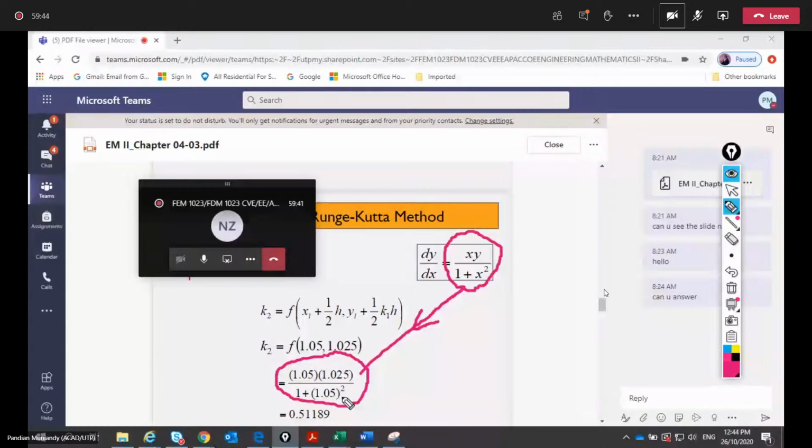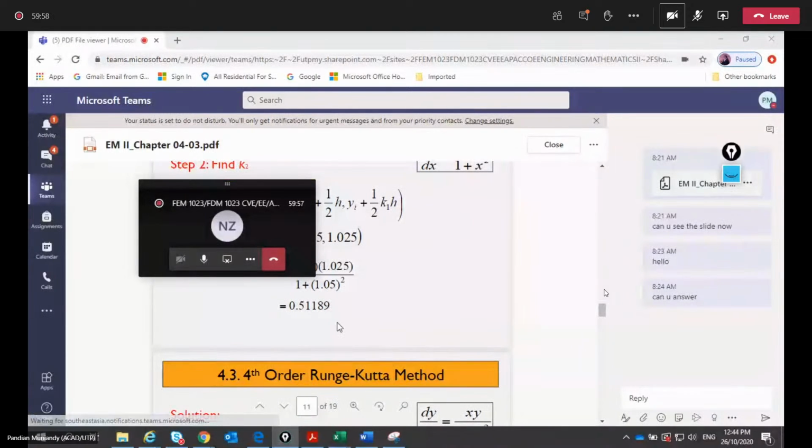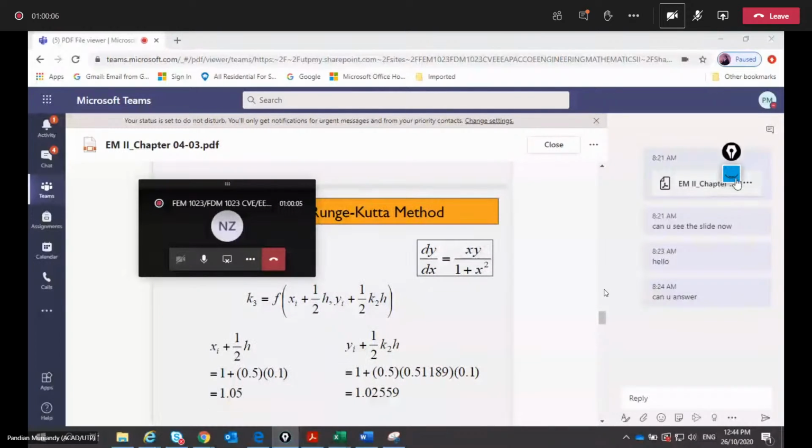So you simplify this, you get 0.51189. So this is your K2. Your K2 is 0.51189.